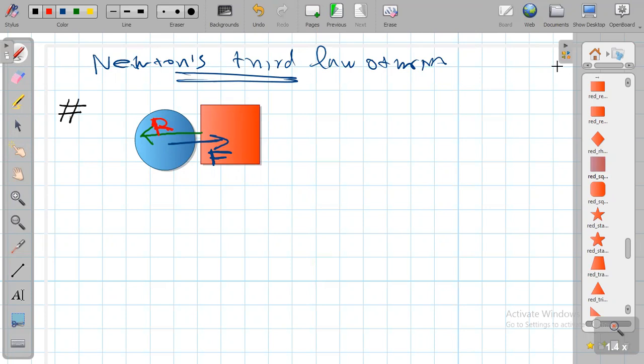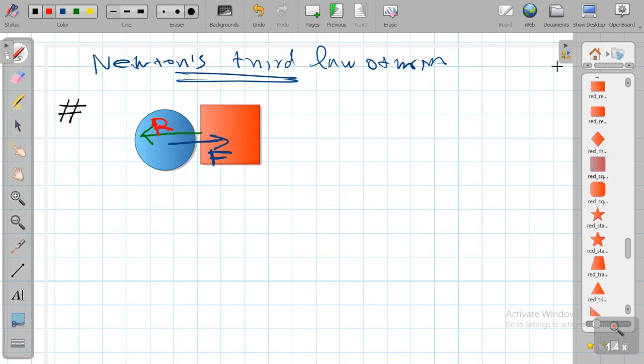Then, important. In your exam, they might ask the characteristics of Newton's third law pair. They may ask whether this one is a Newton's third law pair, like an MCQ, or just ask you to write down the characteristics. It can be anything. So this is an exam tip.